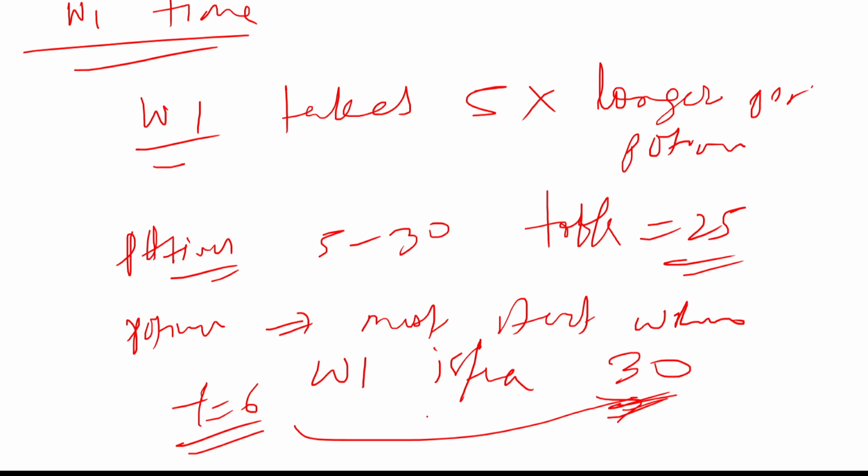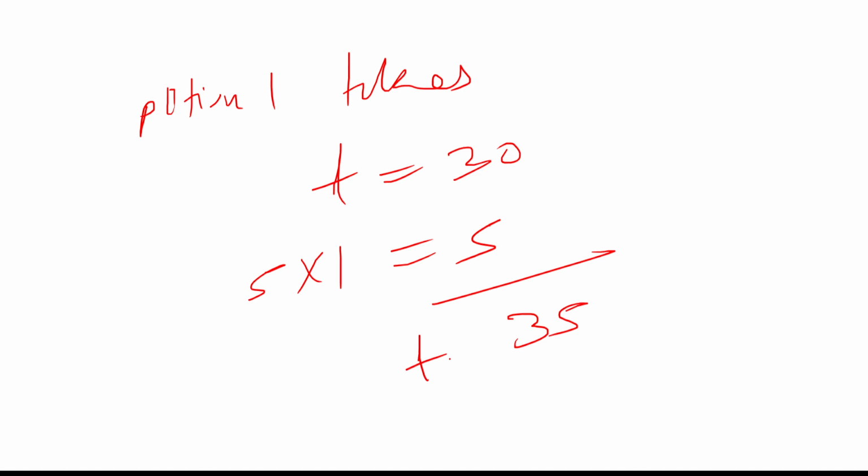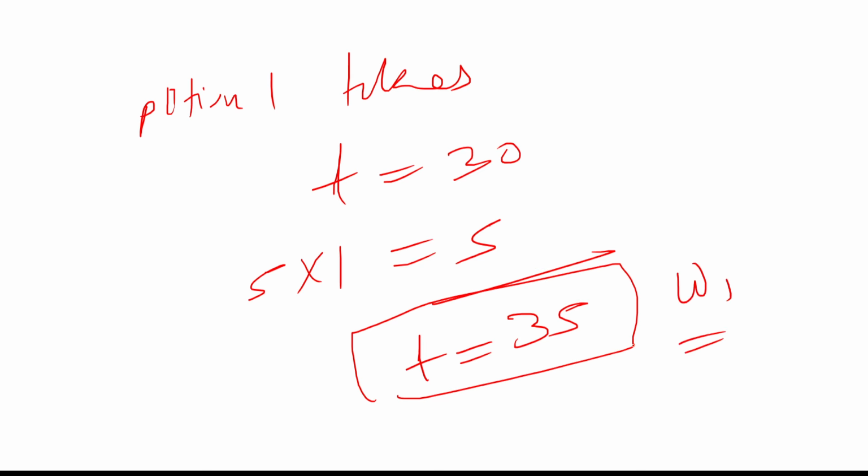So portion 1 starts at t equal to 30, but actually it takes 5 times 1, which is 5, so if you compute the whole time, it finishes at t equal to 35 on wizard 1. Okay.